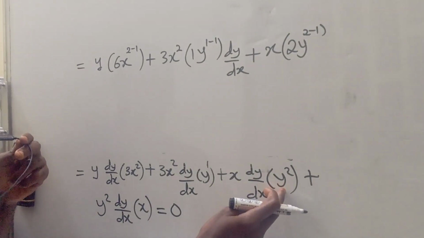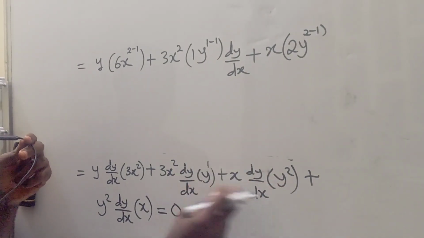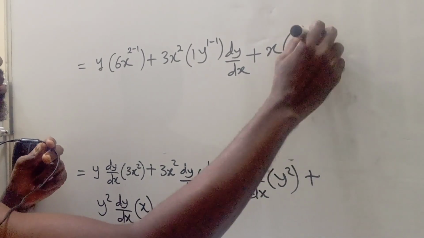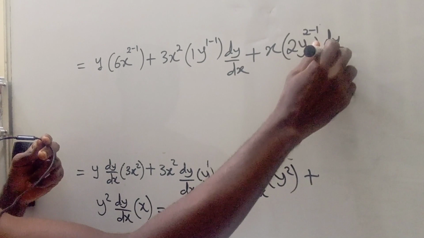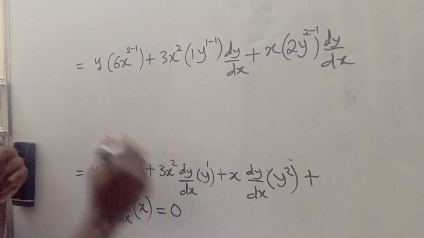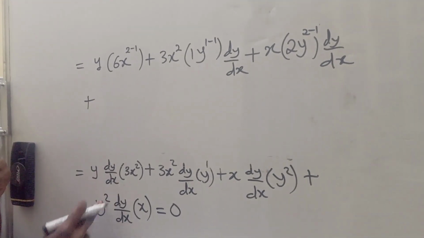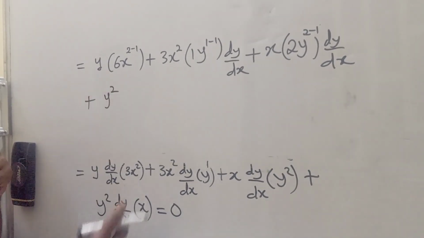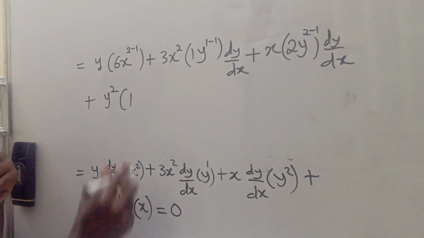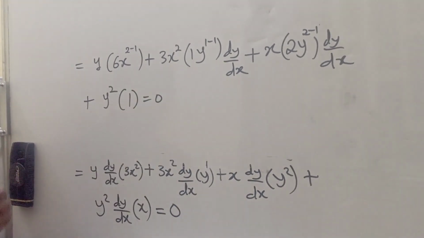Since we are differentiating y again, we are going to keep dy over dx. Now plus, I have y squared. If we differentiate x, it's going to be 1, which is equal to 0.